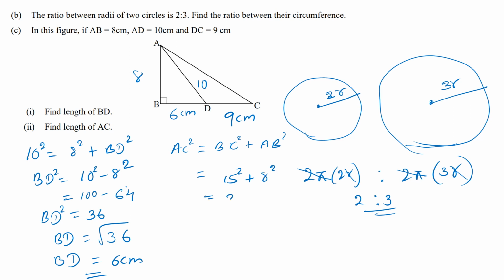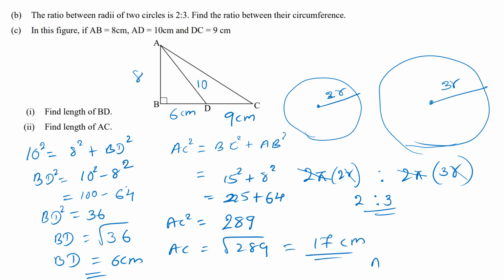This is equal to 225 plus 64. And AC squared is equal to 289, and AC is equal to root 289, which is equal to 17. Then AC is 17 centimeters. I think you get this.